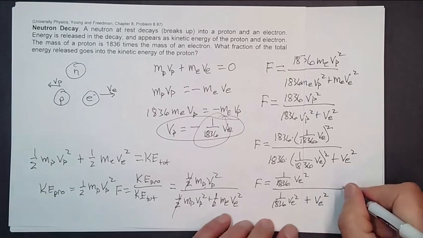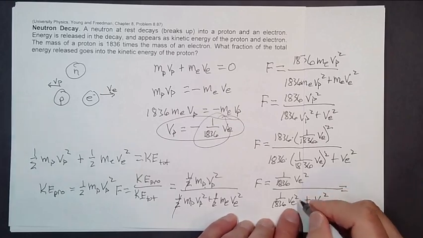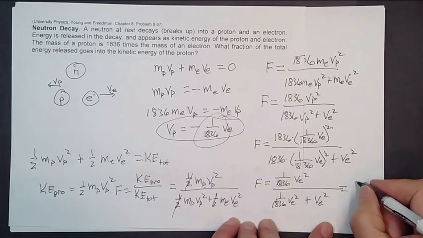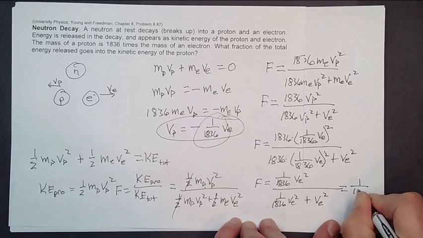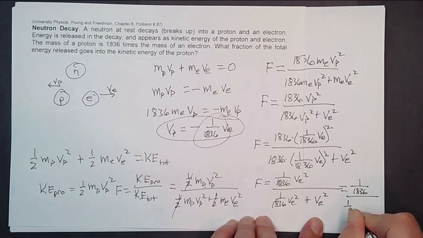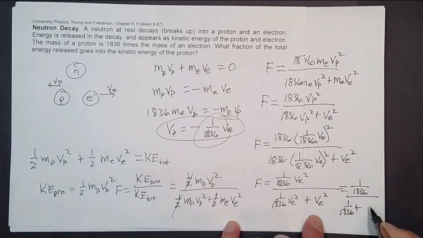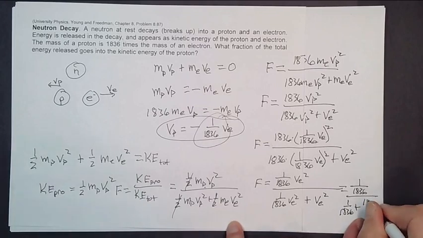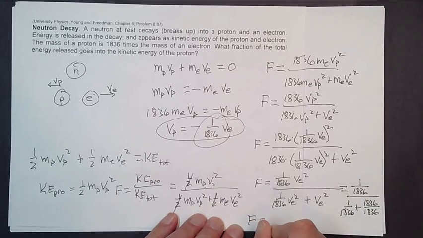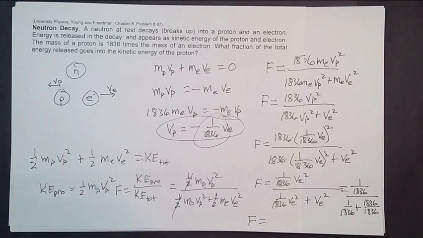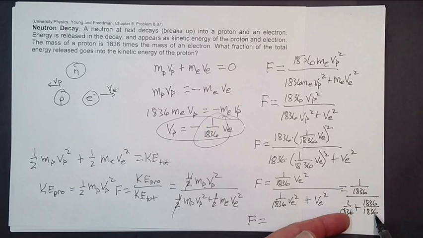And this simplifies quite a bit more because every term has a velocity of the electron squared in it. I get 1 over 1836 on top, 1 over 1836 on the bottom, plus 1, which is actually 1836 over 1836. And that fraction is going to simplify to, let's see what we get. I'll have 1837 over 1836 on the bottom.